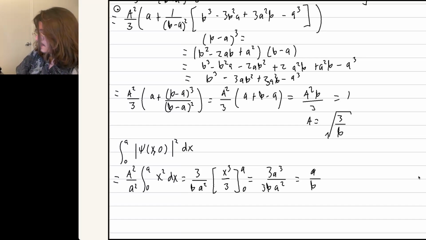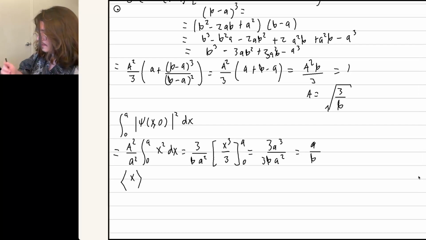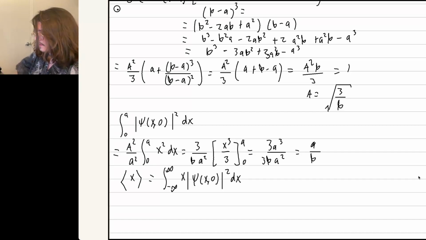All right. Now we have to look at the expectation value of this guy, which you're going to be integrating over all space x times the square modulus of the wave function. This is a more complicated integral.